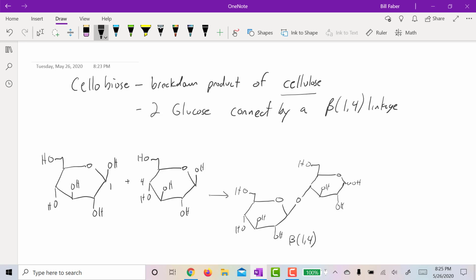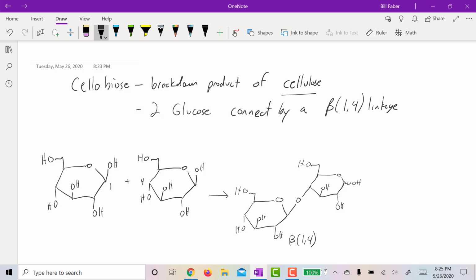Okay? So you probably know this, but humans can eat maltose. They cannot eat cellobiose. So we can't eat cellulose. I mean, we can eat it as fiber, but we just can't break it down. So humans can eat maltose.